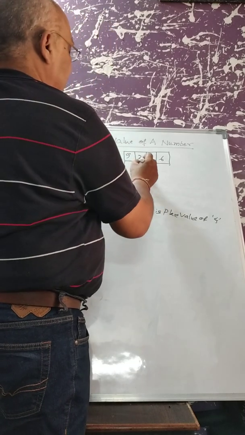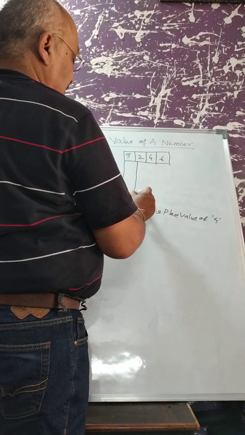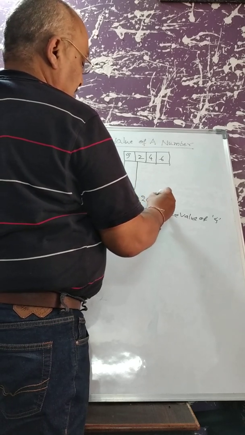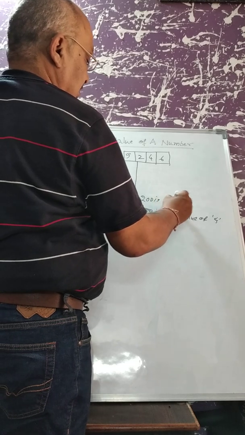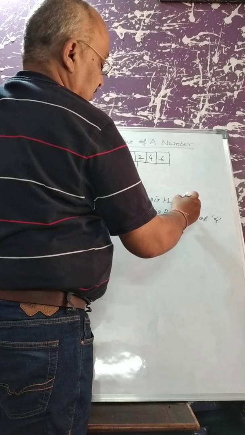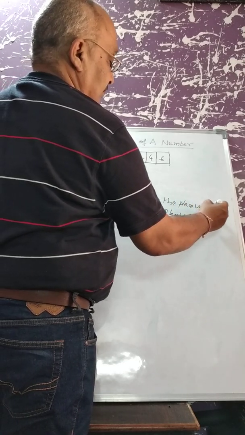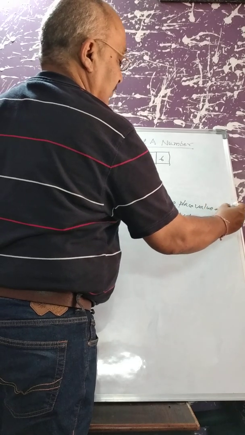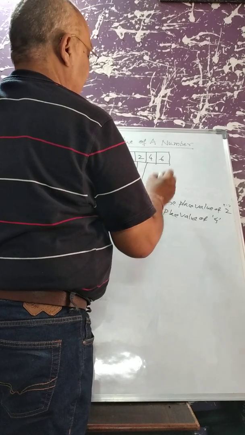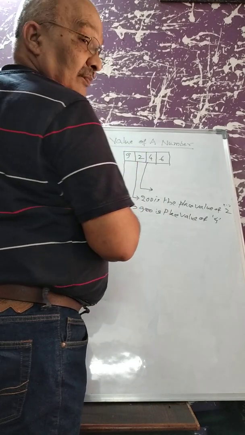You can write it in this way also. The place value of 2 will be 200. You can write in both ways. 200 is the place value of 2.